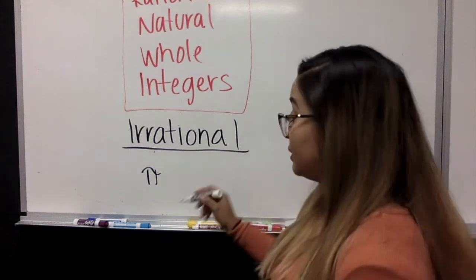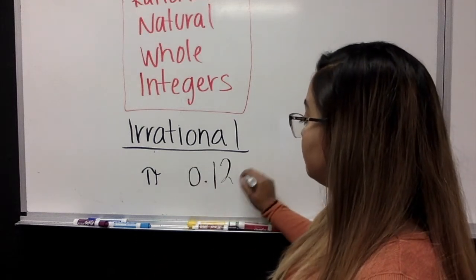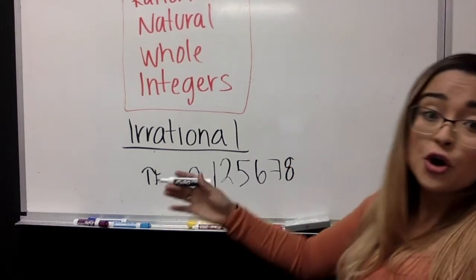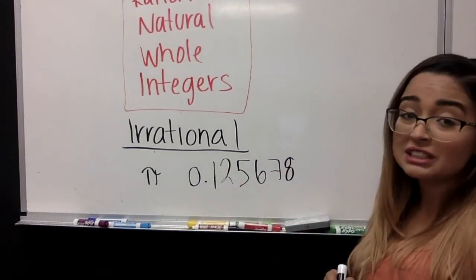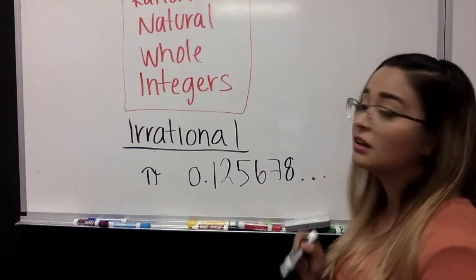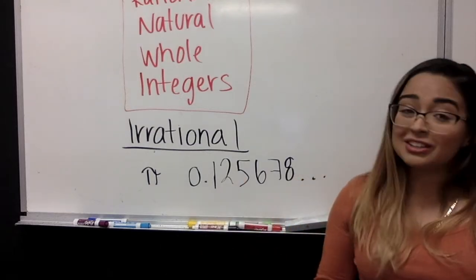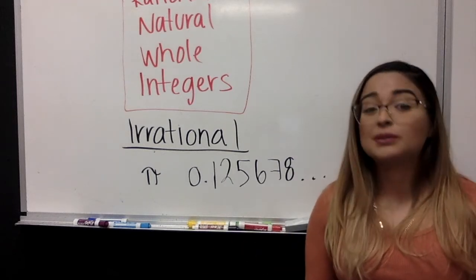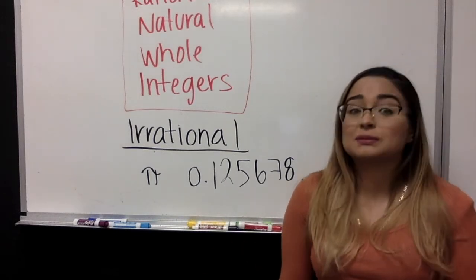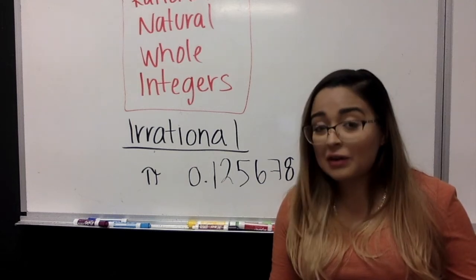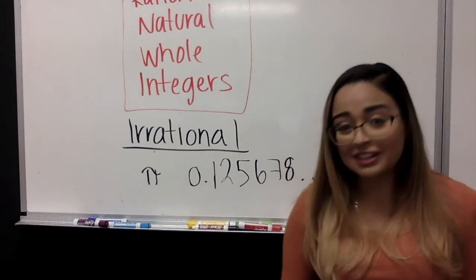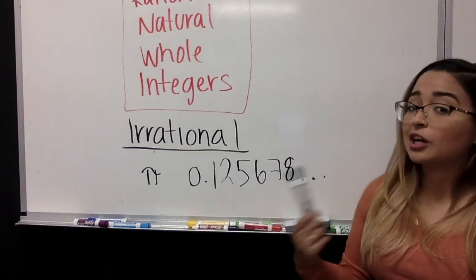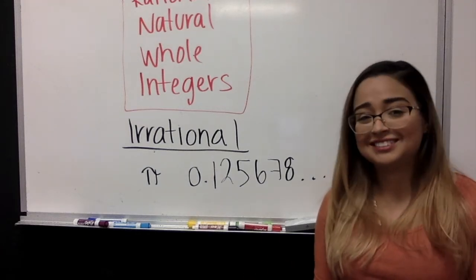If we get an answer with no pattern whatsoever, that just keeps going on and on, and you don't know where it ends, those are examples of irrational numbers. The best way to remember that is that they go on and on without any reasoning whatsoever. So irrational numbers are like irrational people. They just keep talking, going on and on and on.